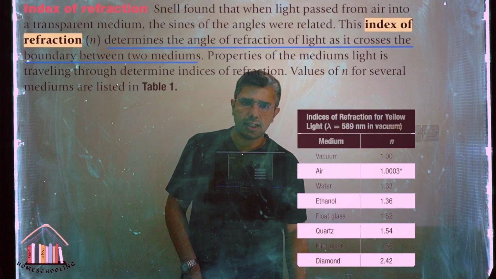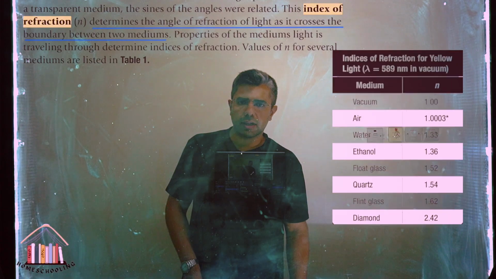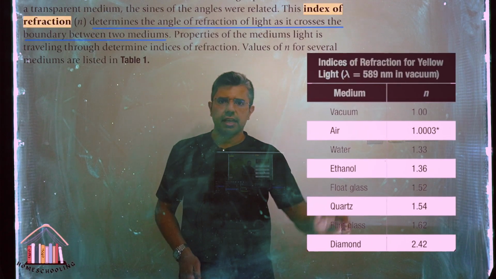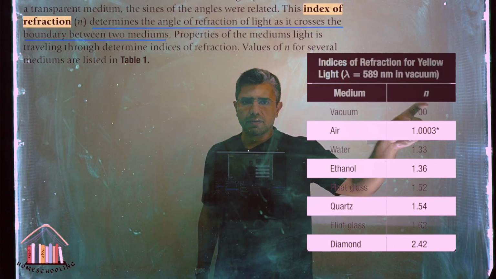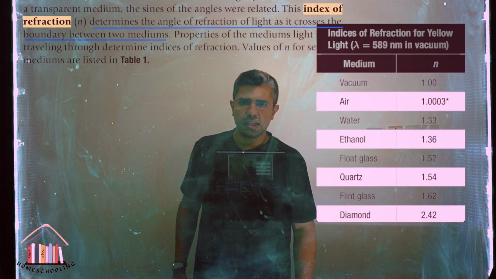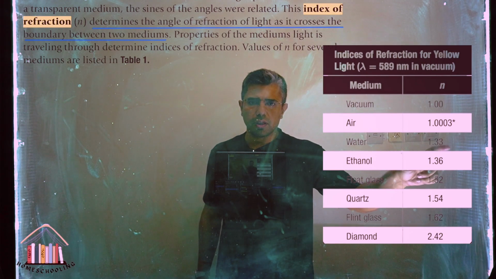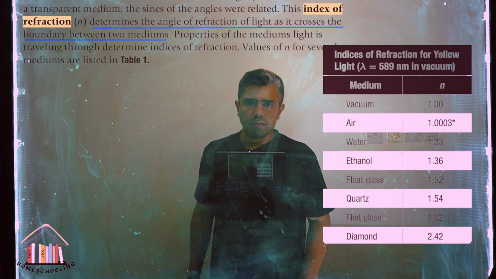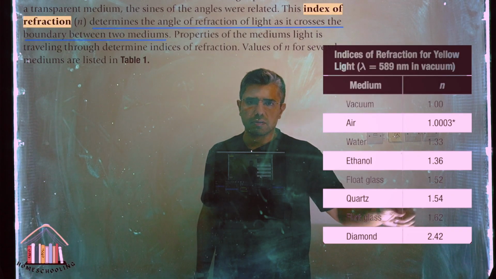Again, let's go back to the table itself and look at this one. In the case of vacuum and air, N, the index of refraction, is approximately 1. In the case of water, as you see here, N starts to get bigger. It's 1.33. For glass, 1.52. For quartz, 1.54.